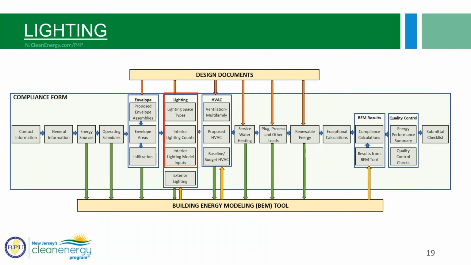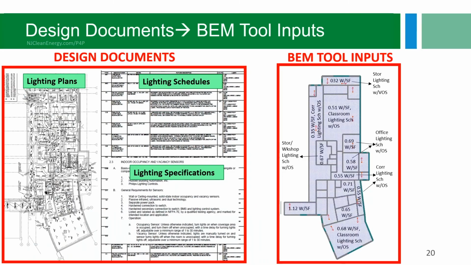And what we're going to talk about is we're going to look at the information related to that particular component in the design documents and specs. And then we're going to talk about what type of information is available, and then what are the relevant compliance form and simulation tool inputs. And we're going to do some examples. So let's start with lighting.